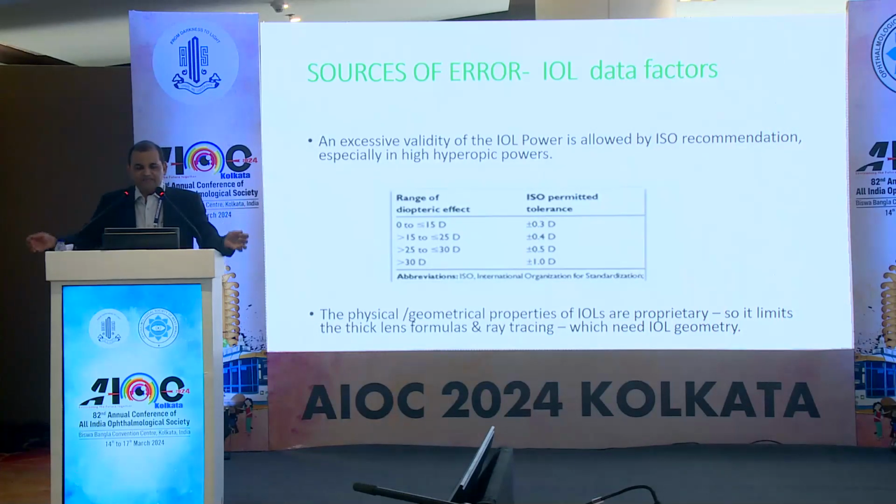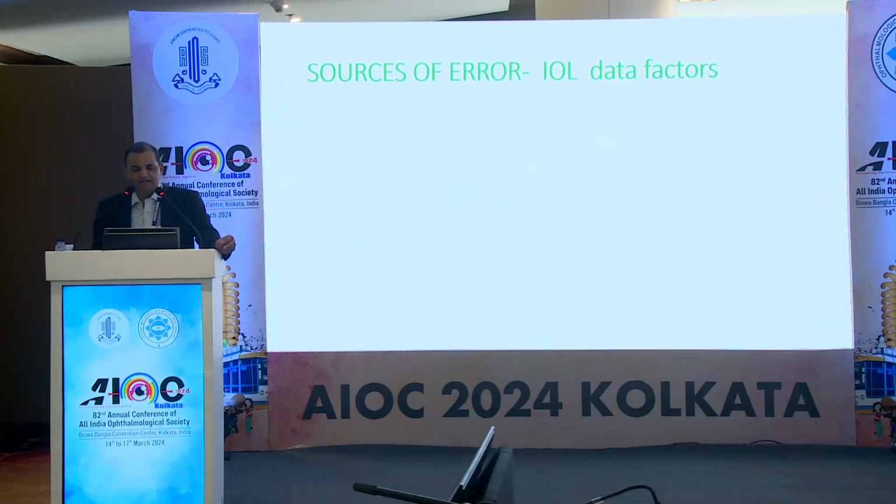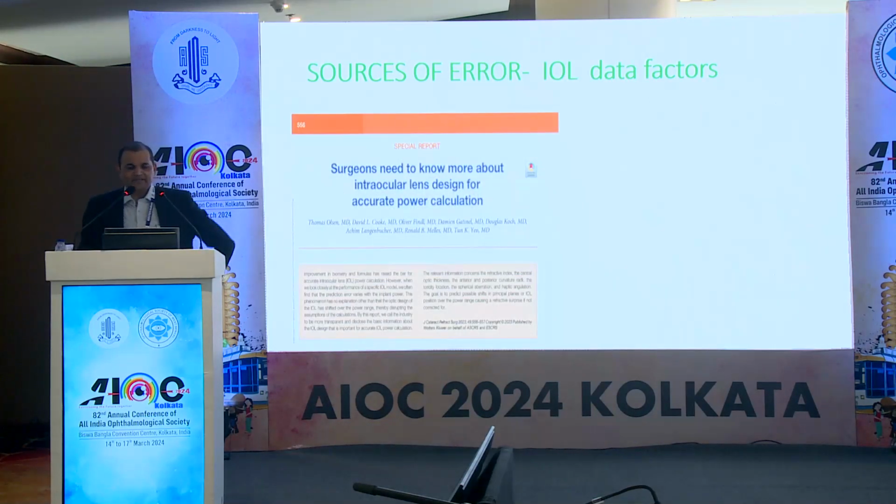Another problem is that the physical or geometrical property of the IOL is a limitation, as it is a proprietary element. Suppose Alcon lens or J&J lens, they are not giving the details about the geometry of the lens. So recently, our stalwarts have given one publication, a special report, that all surgeons need to know about the refractive index of the lens.